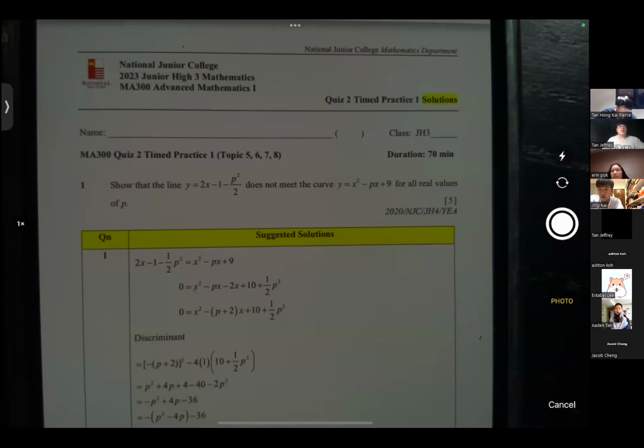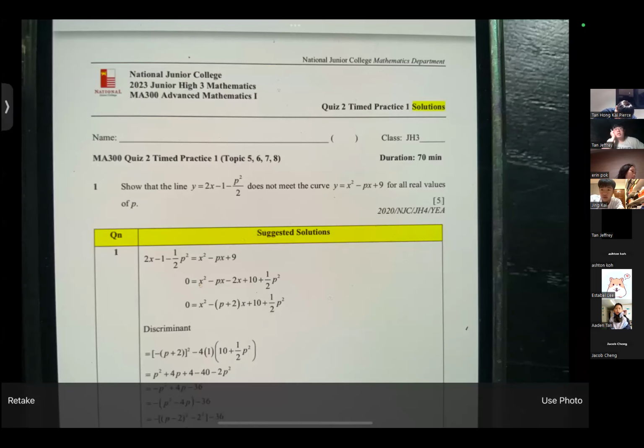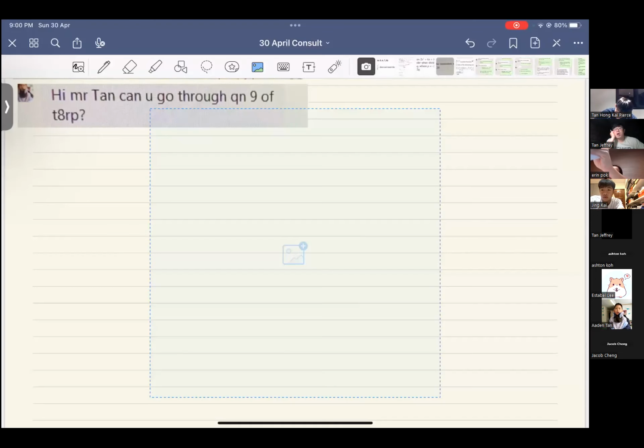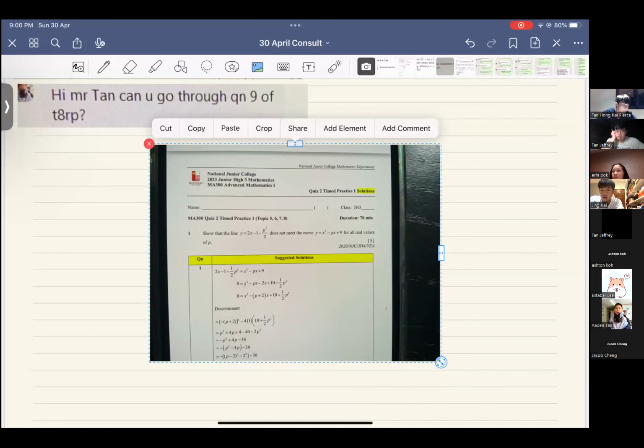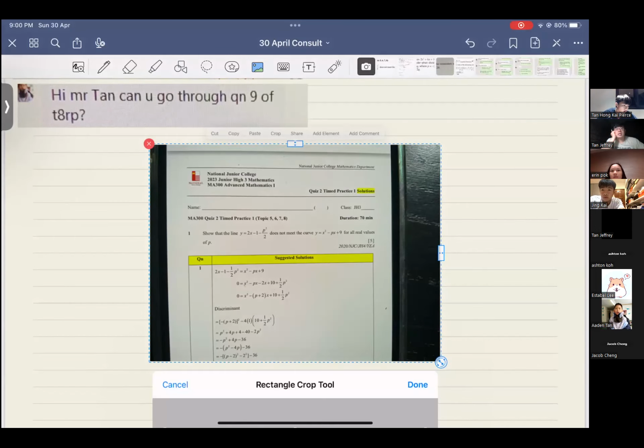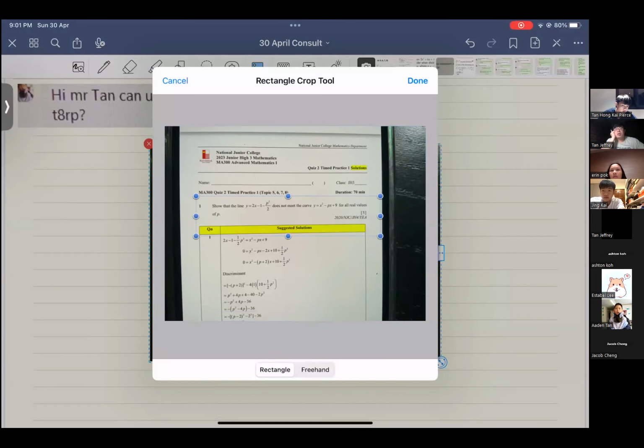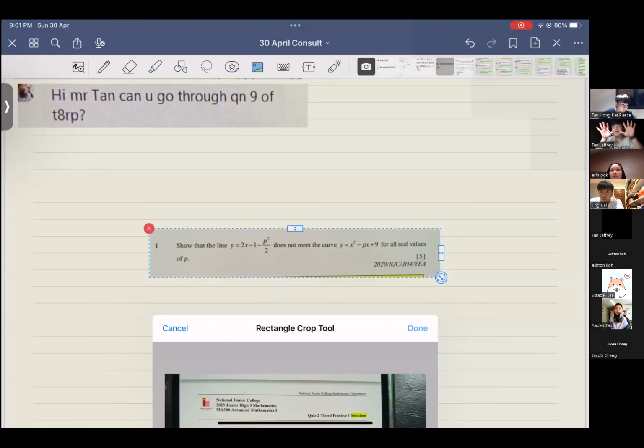Okay, so for, wow, my screen hang. Just wait a while. I want to show that the line does not meet. So what I will do is put them together, and then I'll show that the discriminant is less than 0. You can see my hands are here, but my screen is very slow.